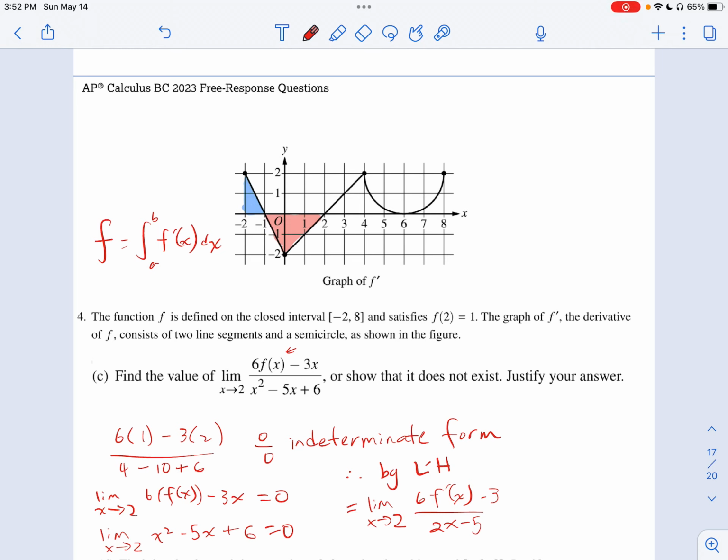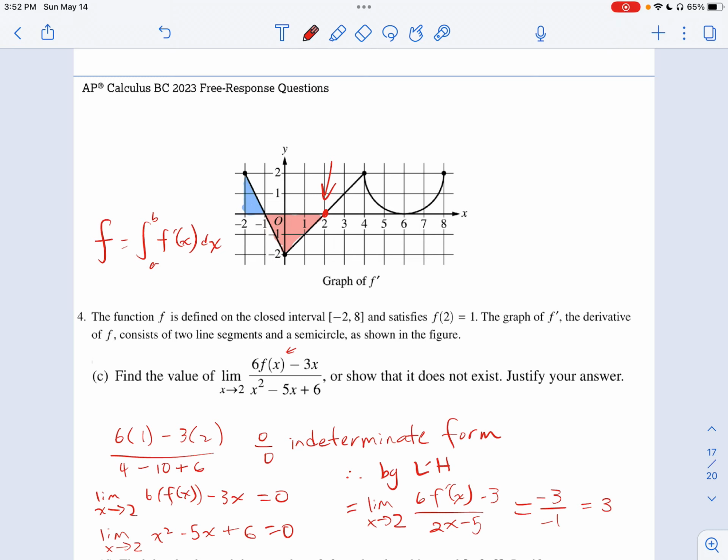And for f prime of 2, we have to look at what's going on at 2, and at 2 we see that our value is going to be equal to 0. So all of this is just going to be 0 minus 3 in the numerator, which is negative 3. And in the denominator, 2 times 2 minus 5 is equal to negative 1. So this would just be equal to 3. So the limit of all this just turns out to be equal to 3.